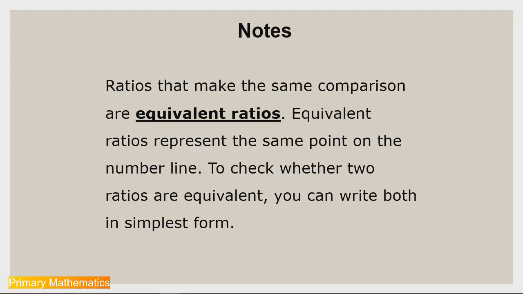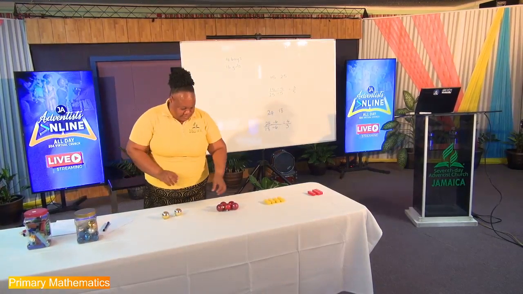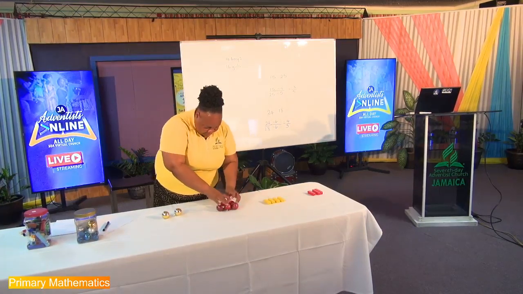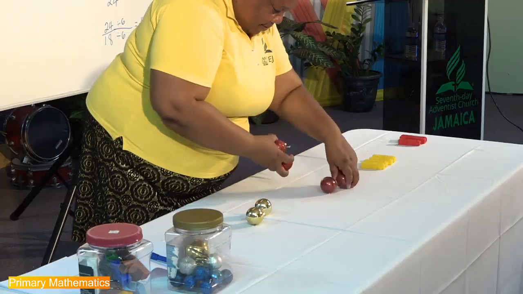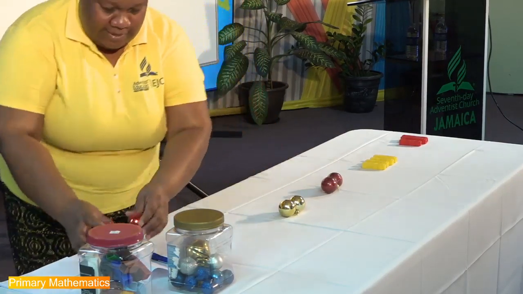Now we can also write a ratio using writing ratio as equivalent. When we say equivalent, they are the same. So I'm going to go back to my table. And I want to take out, I'm putting these away.